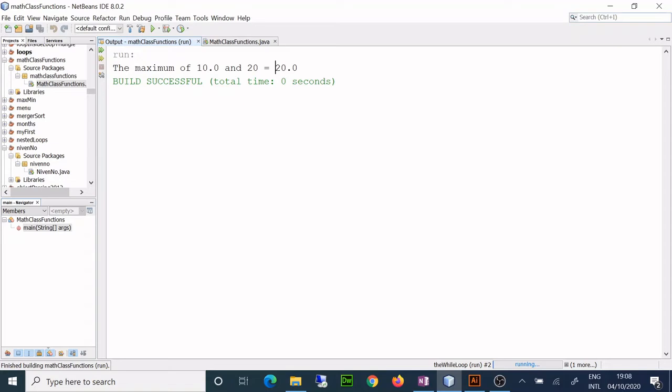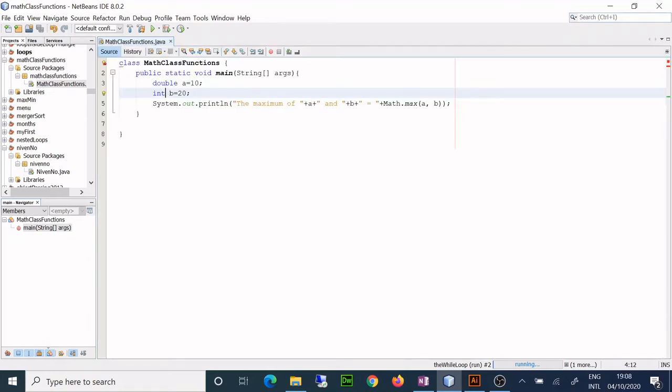Okay, it still returns double. The reason for that is because double is a bigger type. Double is 64-bit and integer is 32-bit, so the conversion happens automatically. That's why it does it. So this is Math.max.